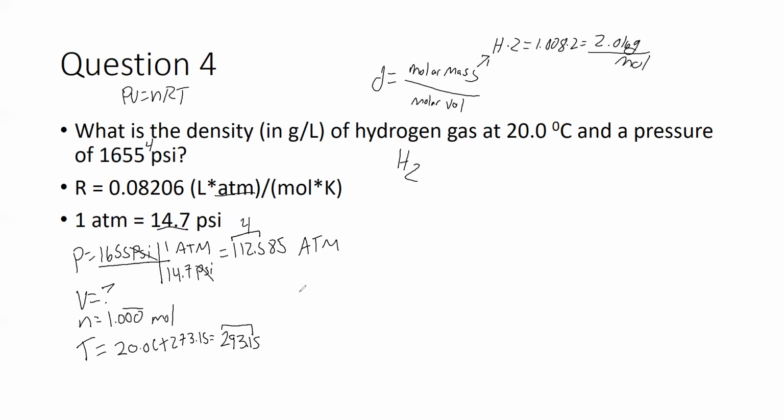Now we can solve for V. So I'm going to rearrange PV equals nRT to do V equals nRT divided by P, which is N is 1, gas constant 0.8206. Temperature is 293.15, 4 sig figs, divided by pressure, 112.585, 4 sig figs.